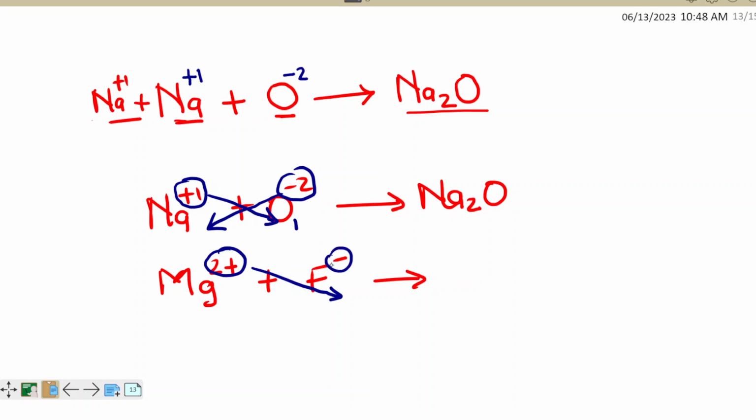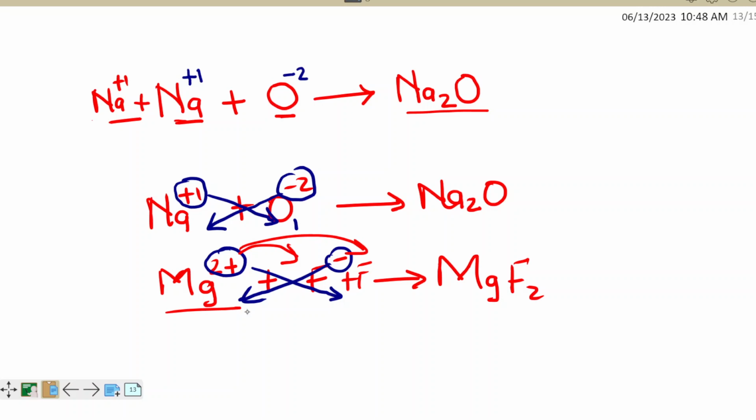Just take this one, put it there. So you can make your life easy this way, because this magnesium needs to donate 2 electrons. That means it needs another fluorine to take the second electron, because fluorine can only accept 1 electron. So just do this crisscross multiplication, then your life would be easy that way.